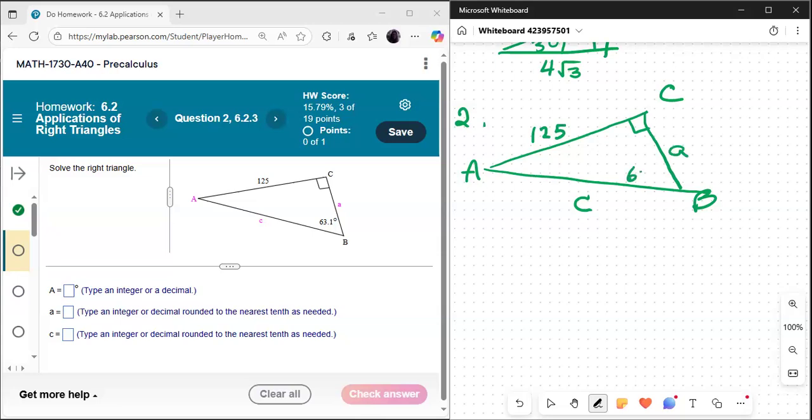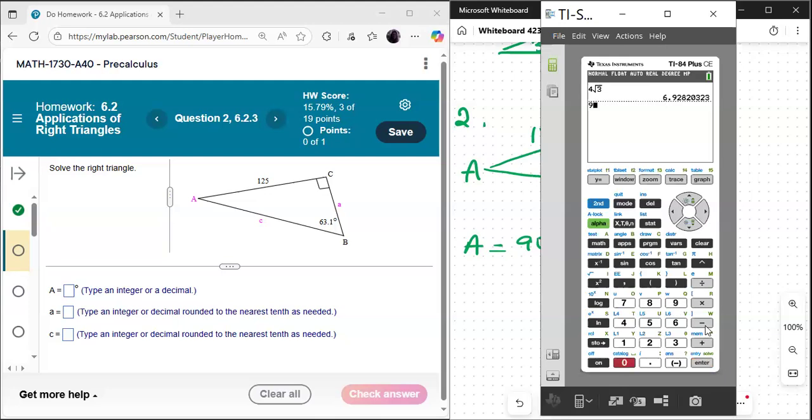We know that angle B is 63.1 degrees. To find angle A, since C is 90 and the sum of all the angles of a triangle is 180 degrees, minus 90 leaves us 90 degrees for these two acute angles. So A is 90 minus 63.1 degrees. In other words, A and B are complementary because the two angles add up to 90 degrees.